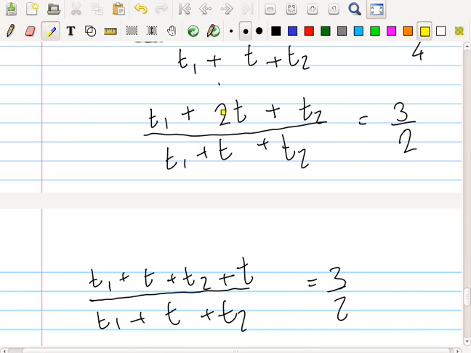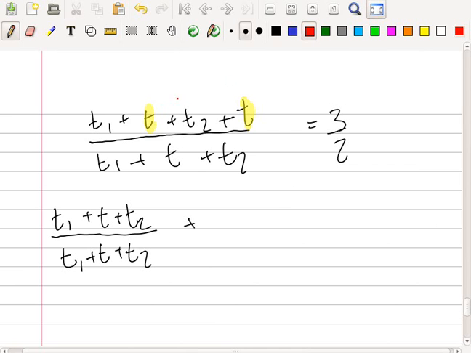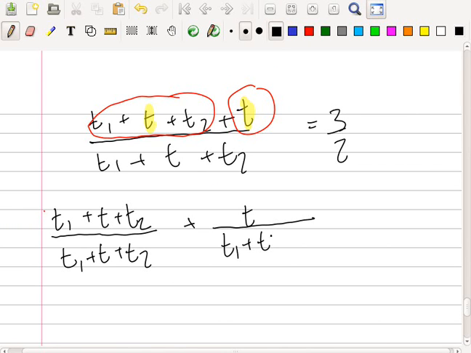You moved the T. I changed this 2T into T plus T. Now I can split this into T1 plus T2 over T1 plus T2 plus T. What I did was put these three together here, and I'll put this one separate here. Why? You'll see now.